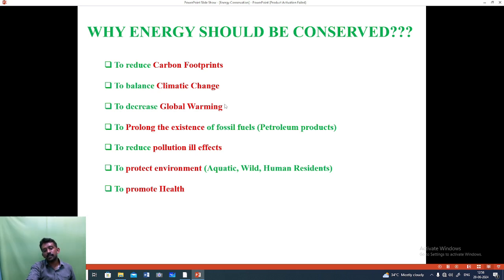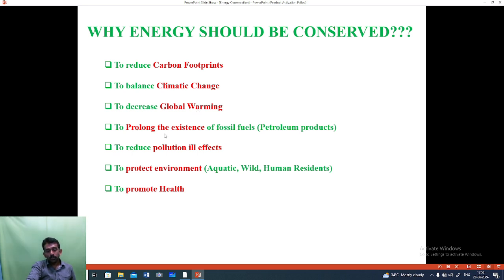This increases the temperature of the earth. As a result, climatic change happens, and unpredictable seasons can be expected. So in order to balance climatic change, global warming should be reduced, and for global warming to be reduced, we have to conserve energy.